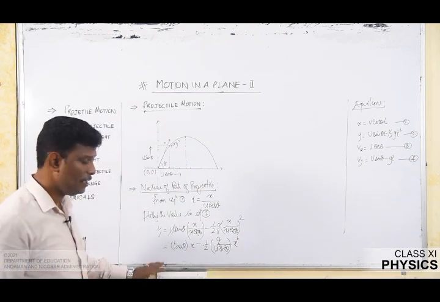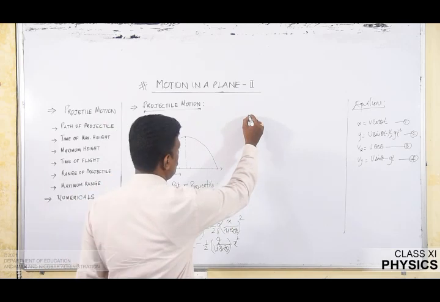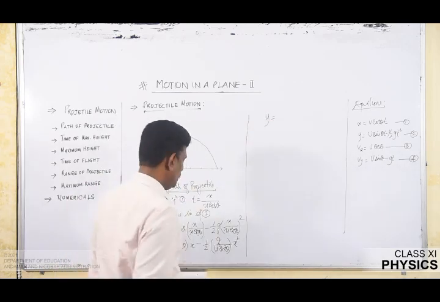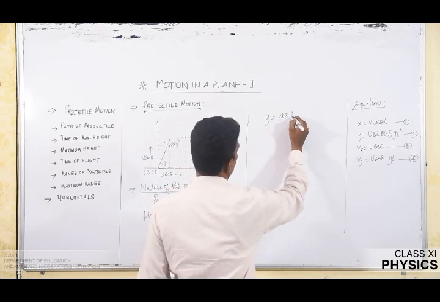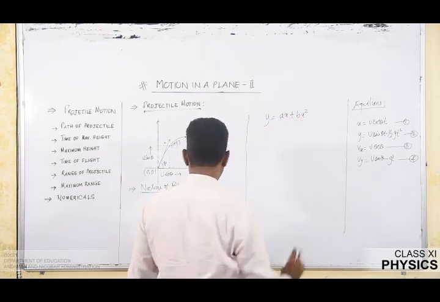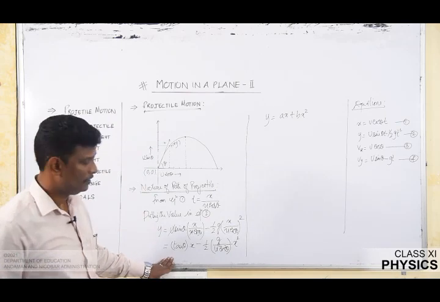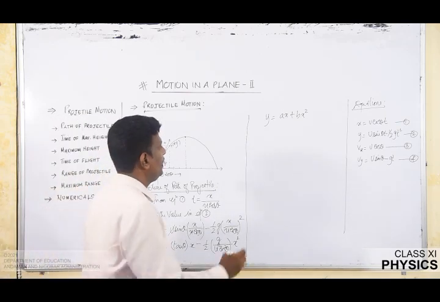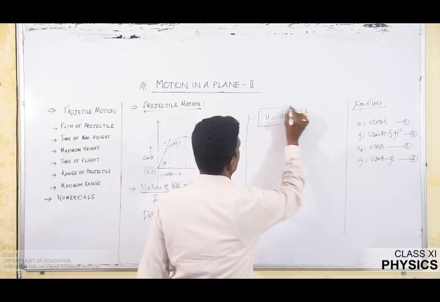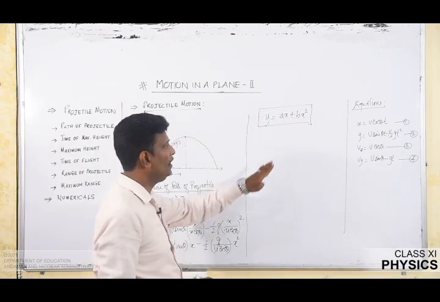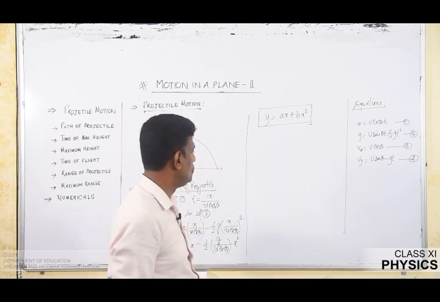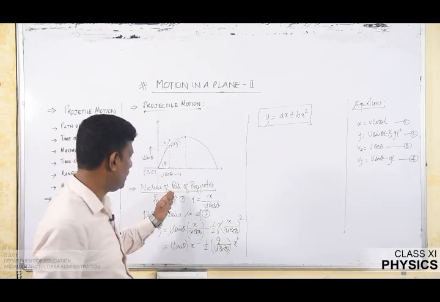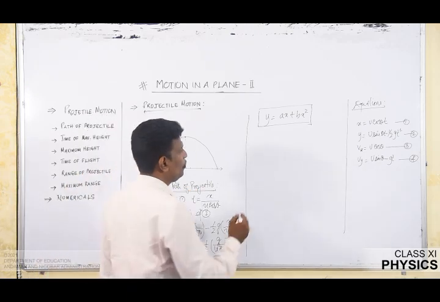So, comparing this equation with the generalized equation, that is y is equal to ax plus bx square, this x term is there and x square term is there. This is the equation of parabola. So, we can write that nature of path of projectile is parabolic.